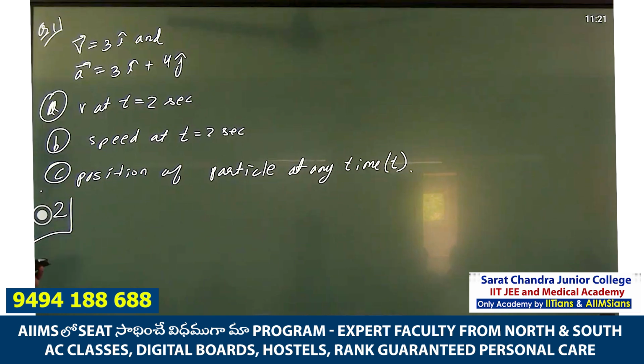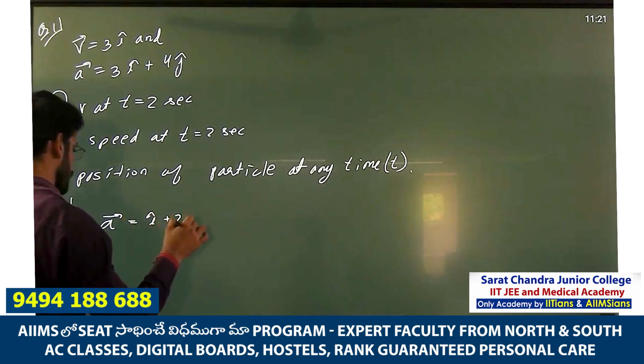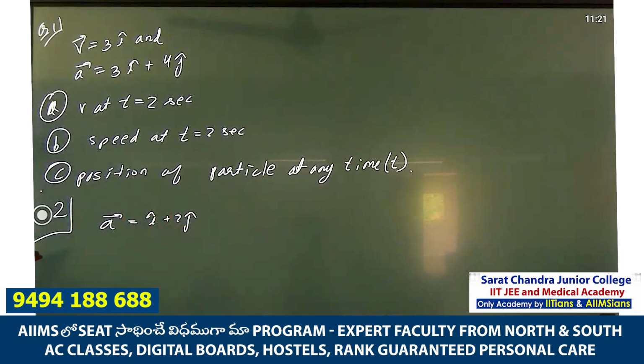Second question, write down. A particle started from rest with acceleration a vector equal to i cap plus 2 j cap. Full stop.